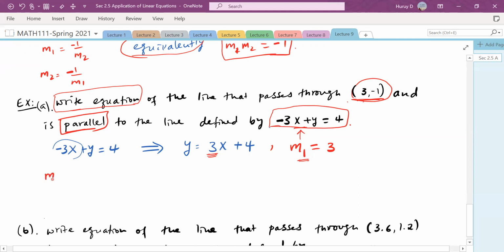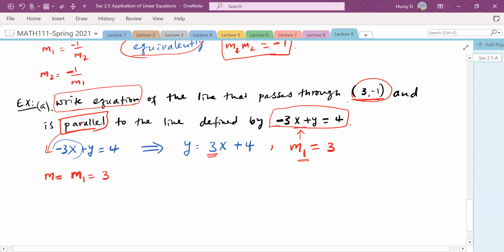Therefore, my M2, or just M, the slope for the unknown line, is the same as M1, which is 3, because they are parallel. So I use the information that these 2 lines are parallel to figure out the slope of the unknown line.